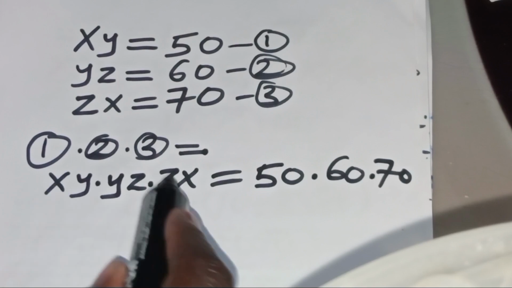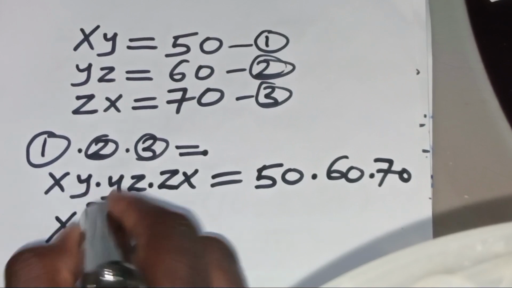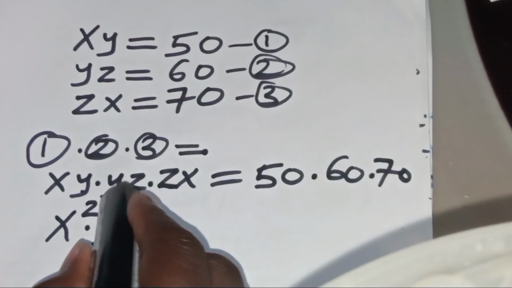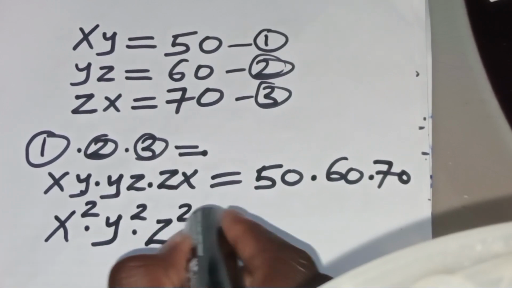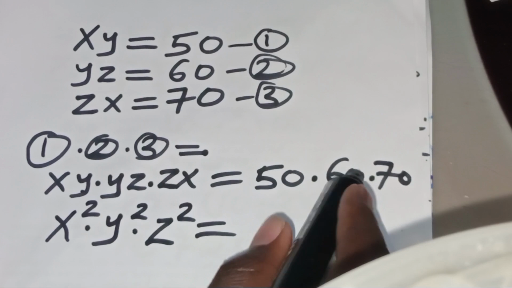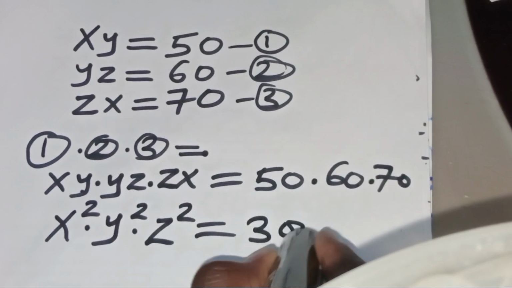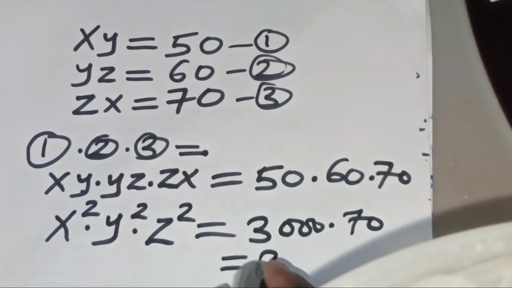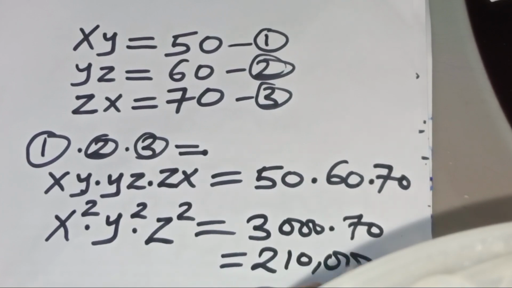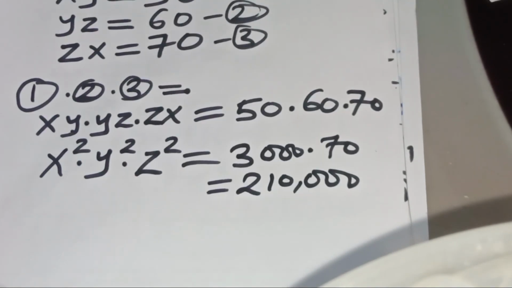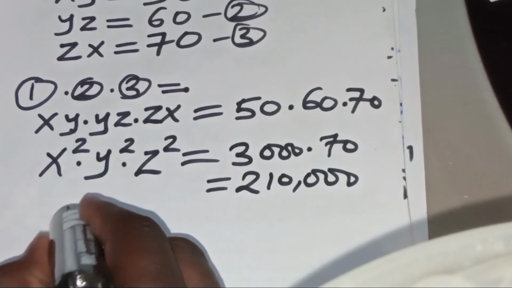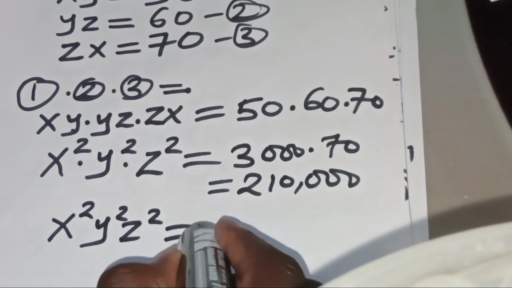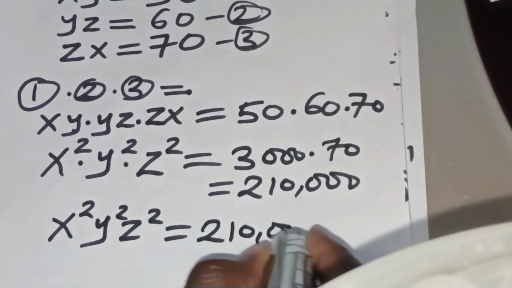So we have x times x, which is x squared, times y times y, which is y squared, times z times z, which is z squared. This is equal to 50 times 60, which is 3000, multiplied by 70, which is 210,000. So x squared y squared z squared equals 210,000.